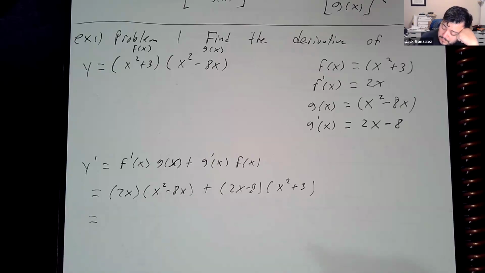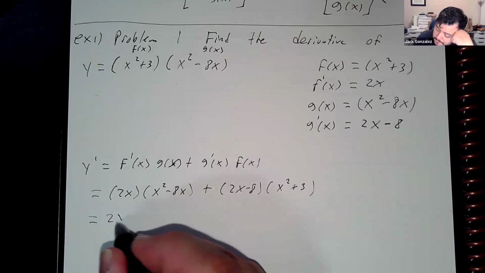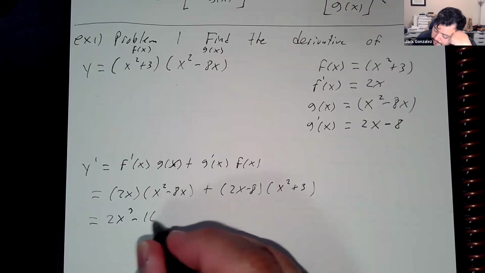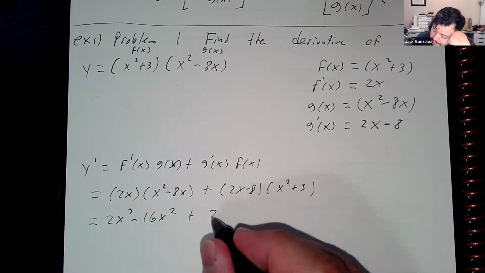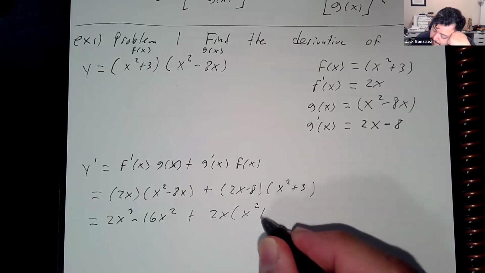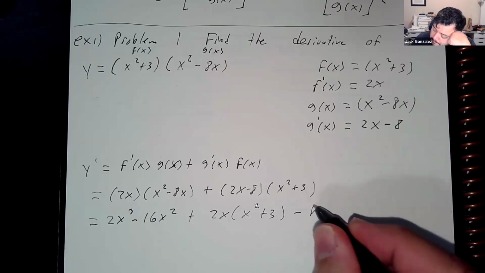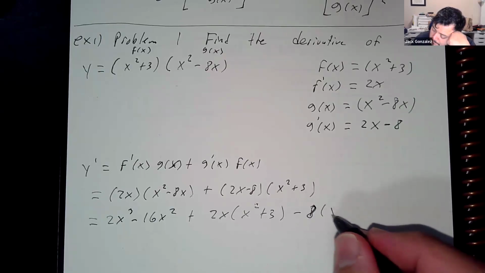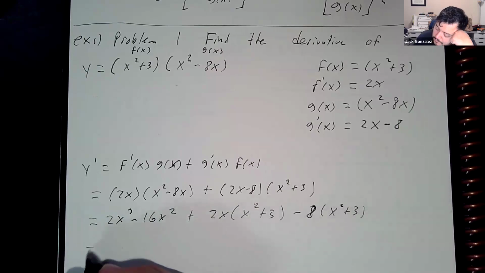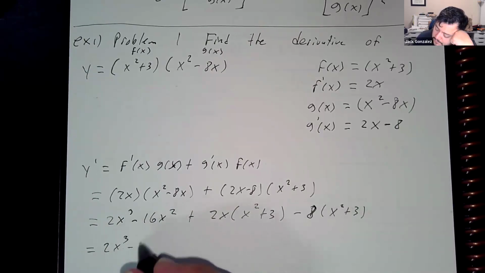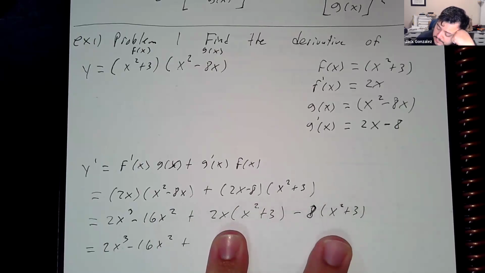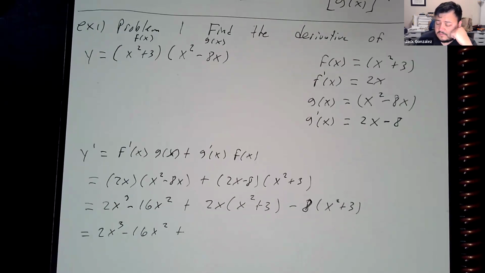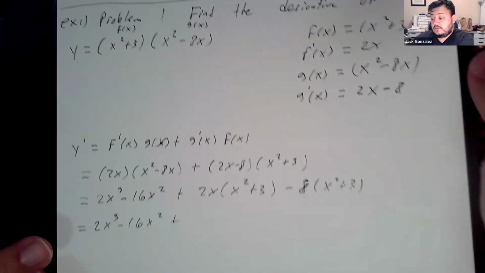Of course. So distribute, right? 2x times this, 2x times that. Here we have to do a FOIL kind of thing, or if you prefer, we can show an extra step. Doesn't matter. You don't have to; if you skip a few steps in algebra, that's okay. I like doing this for my algebra students because it makes it a lot easier than trying to do a box method or FOIL or whatever.